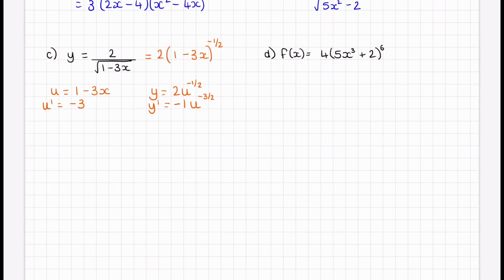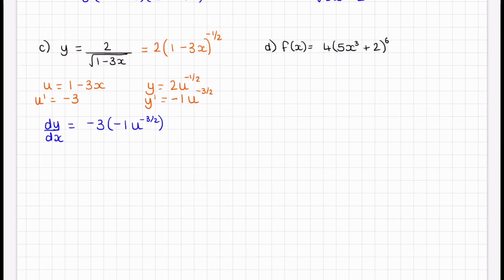Now our final derivative, multiplying those together: dy/dx will equal negative 3 times negative 1 u to the negative 3 on 2. Then we simplify. Negative 3 times negative 1 is positive 3. Put u back in, which is 1 minus 3x, to the power of negative 3 on 2.